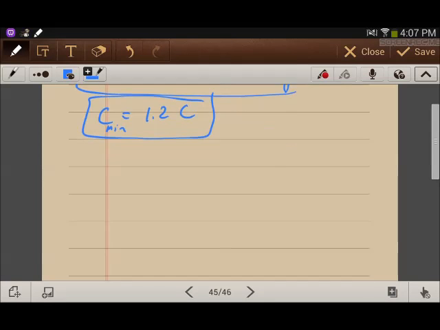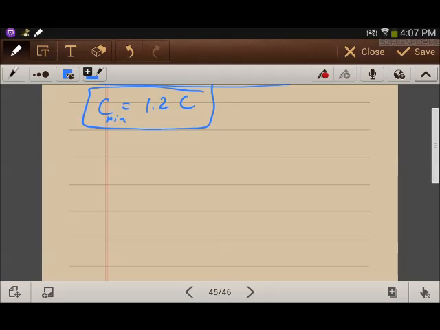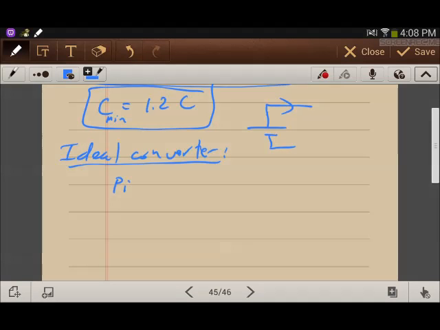If I want to look at the input current, that is the current being drawn from the supply, for an ideal converter, P input is equal to P output, and we know that P input is V input multiplied by the average value of the input current, which is equal to V output multiplied by IR.